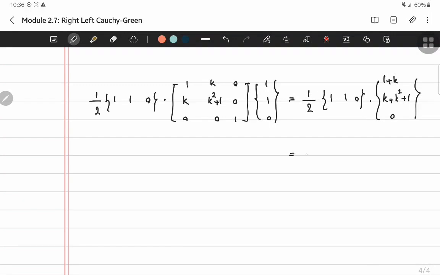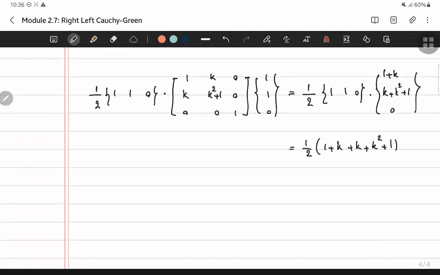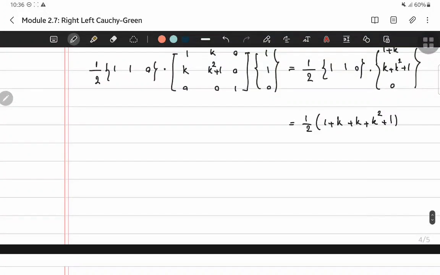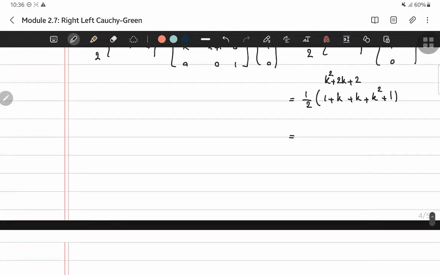So this becomes 1 divided by 2 times 1 plus k plus k plus k squared plus 1, which is 2k plus k squared plus 2. So this becomes k squared divided by 2, plus k, plus 1.